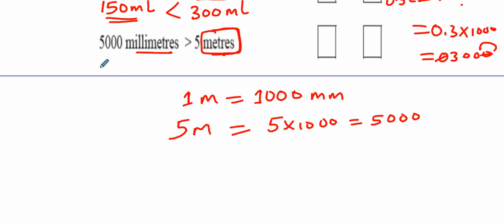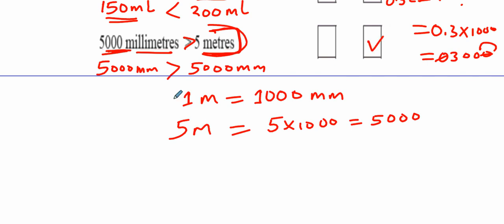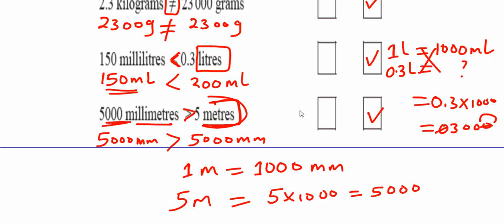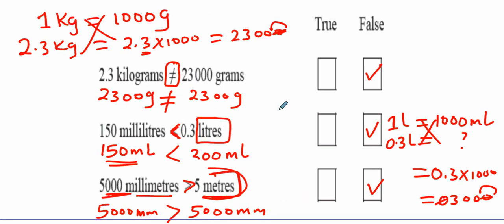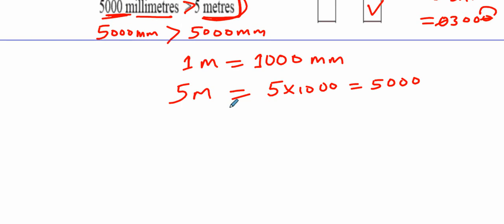So we are comparing 5,000 millimeters with another 5,000 millimeters, and they are saying this number is greater than the 5 meters. No, it's not greater, they are equal. So that is also false. Oh, so all answers are false. Okay, that looks good then.